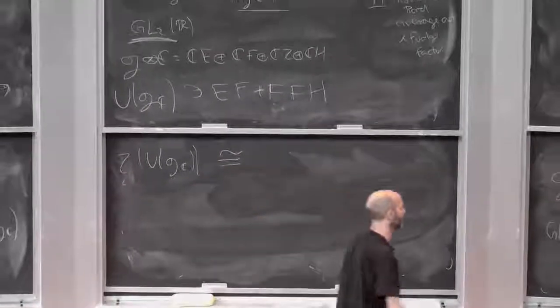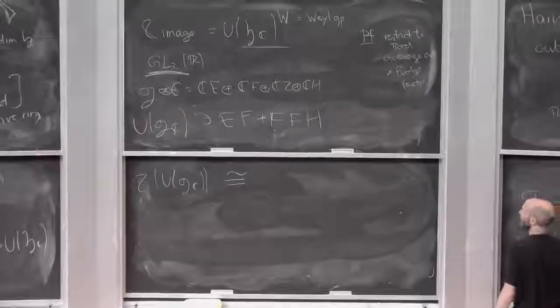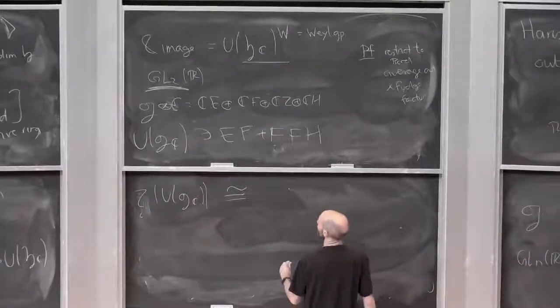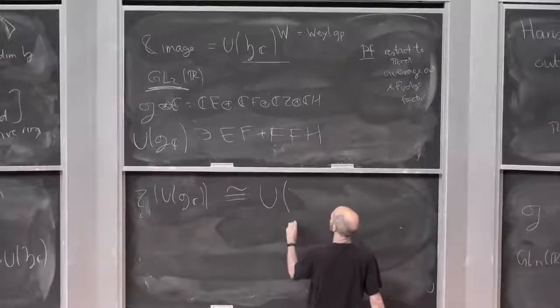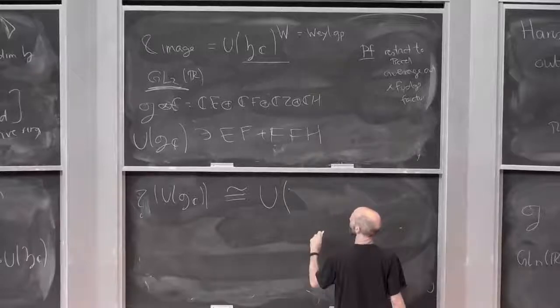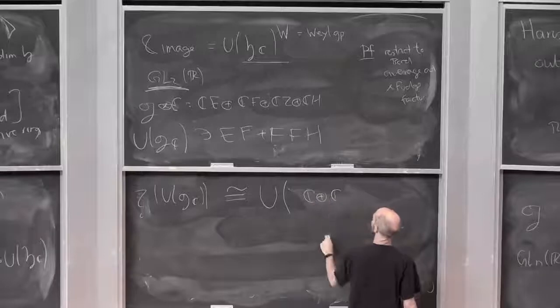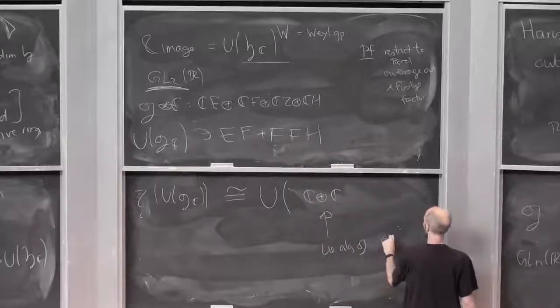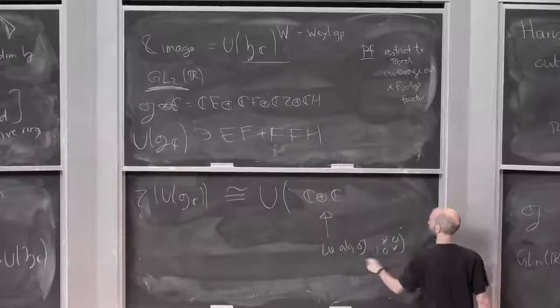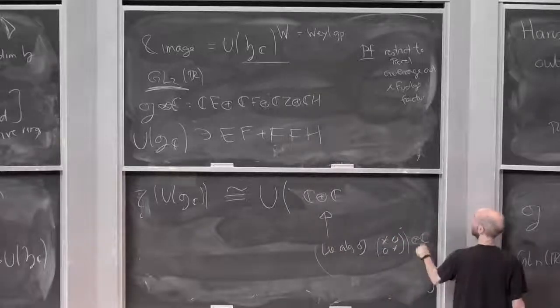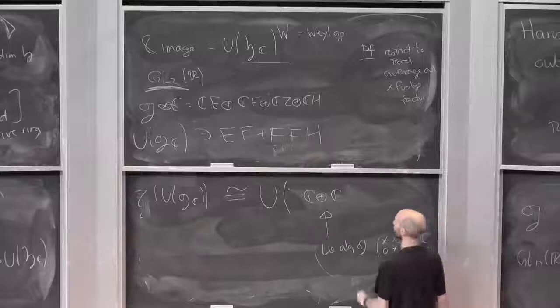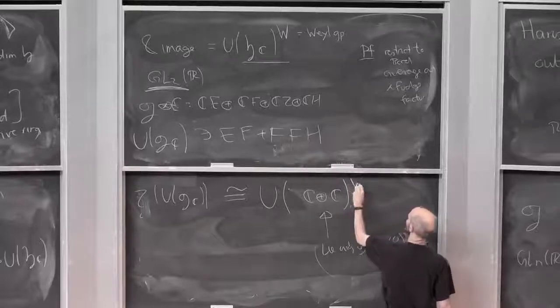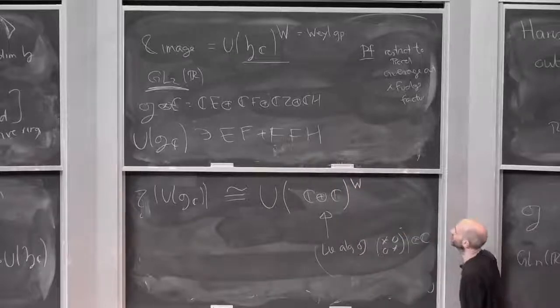Well, the torus in GL2 of the reals is just two stars, right? So this is going to be isomorphic to the U of, I guess it's just C plus C, right? That's the Lie algebra of star 0, 0 star tensor C. So it's U of C plus C, W, where W is some mysterious Weyl group.